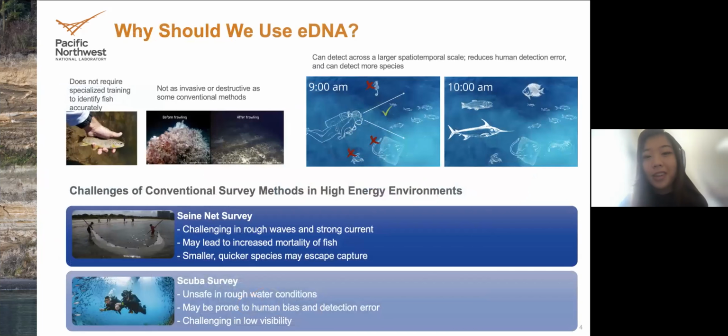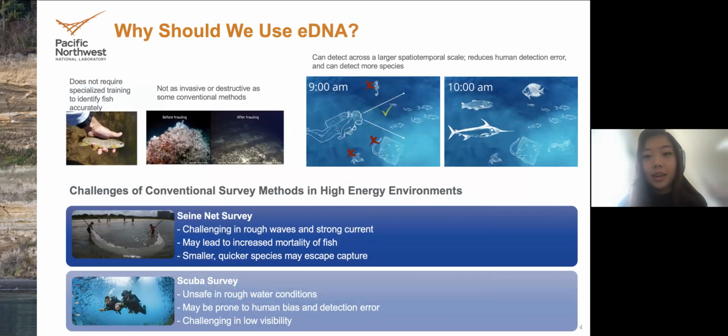So why should we use eDNA? There are several advantages to using eDNA surveying when compared to conventional survey methods. Unlike visual surveys, which often need specialists to identify species correctly, eDNA surveying does not require specialists to perform surveys. And eDNA surveying is not as invasive as other catch-based methods like trawling, which often destroy benthic environments.